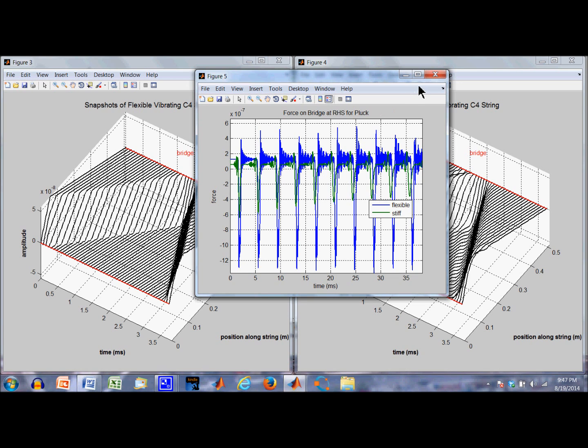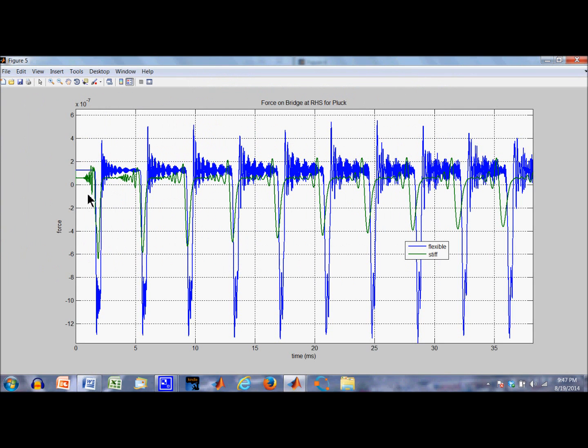See, flexible in blue is going all the way down here, -12 in force units. The stiff is going down to -6. And it's a much different response.